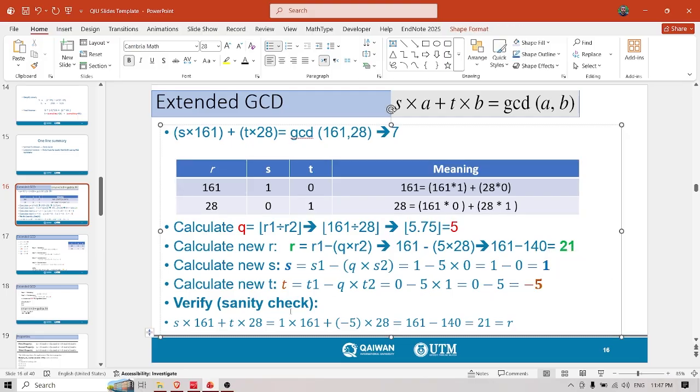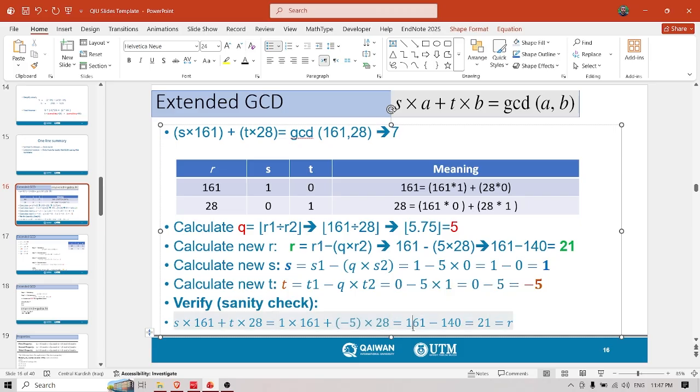Now let us verify the sanity, or verify that it is correct. If we put the R, S, and T, we will check it. Now we will put the S in here. S is 1, R1 is 161, and the T is minus 5. So now S multiplied by 161 is this number, plus minus 5, which is the T, multiplied by 28.